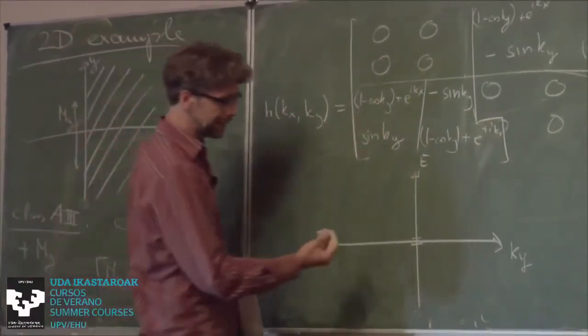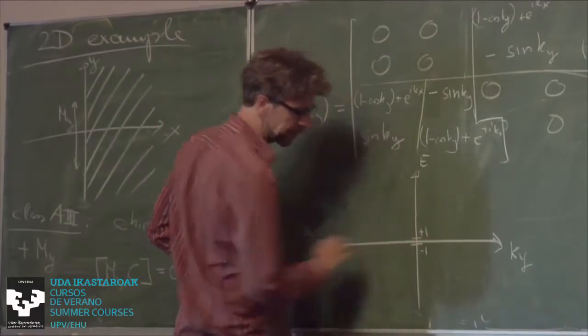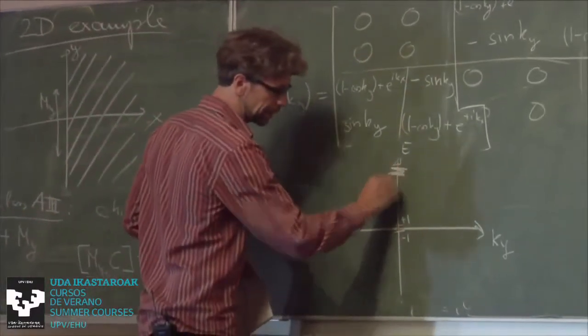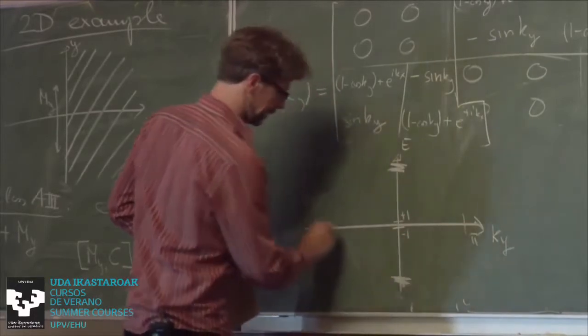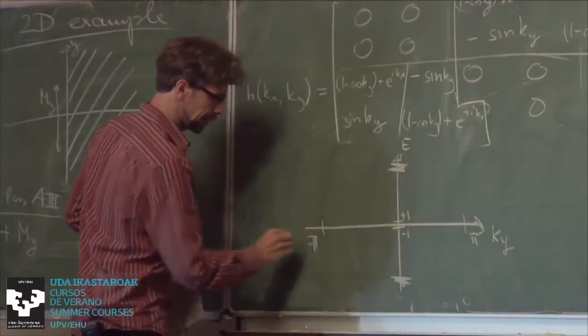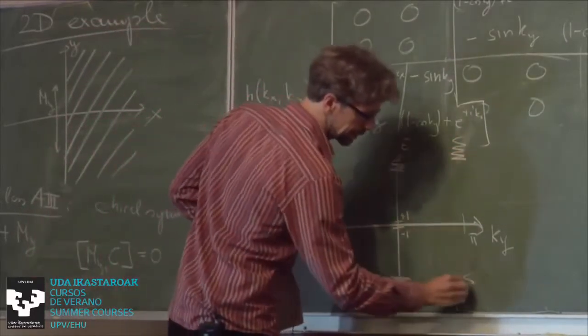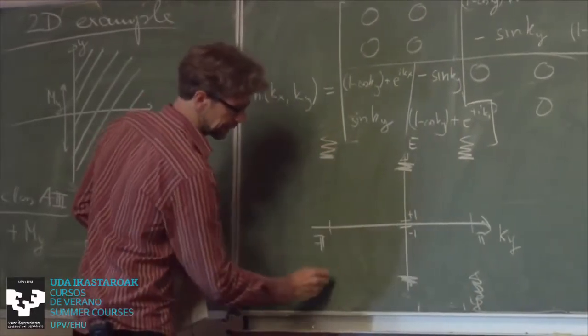But they'll have opposite mirror eigenvalue: one has mirror eigenvalue +1, the other has mirror eigenvalue -1. Otherwise, it's just an SSH model, so there will be bulk bands here and there. And then at ky equal to pi or minus pi, I have a trivial system, so there are just bulk bands, but no boundary states. Okay?